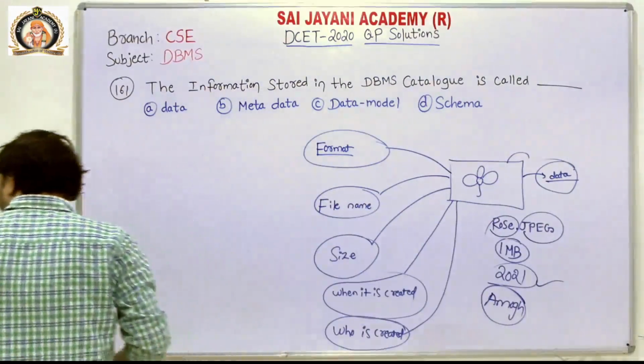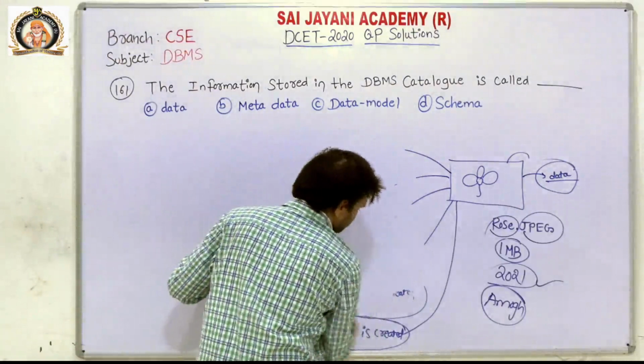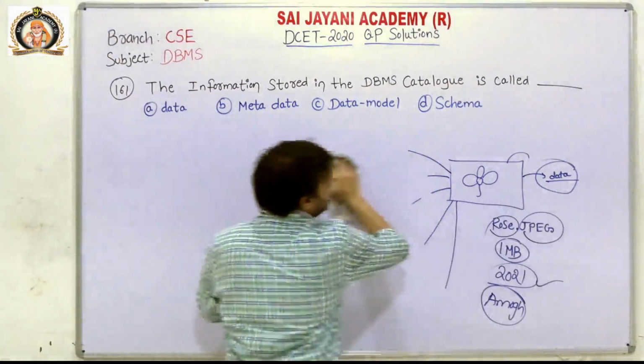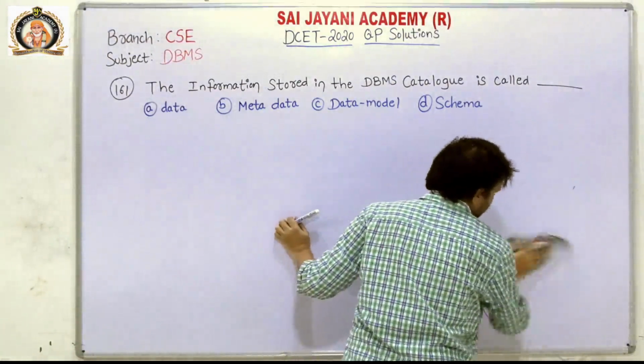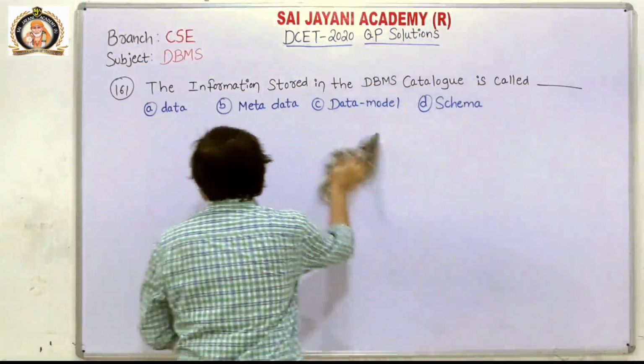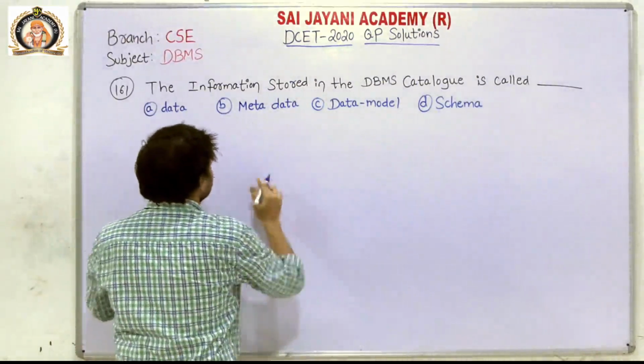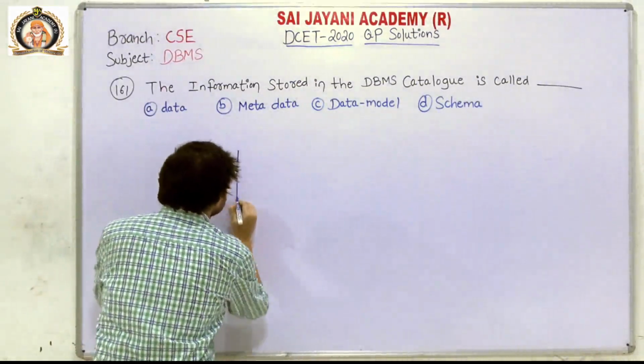If you consider DBMS, metadata is represented like this. In DBMS, consider a student marks table.